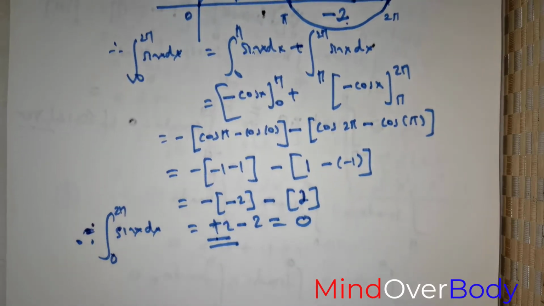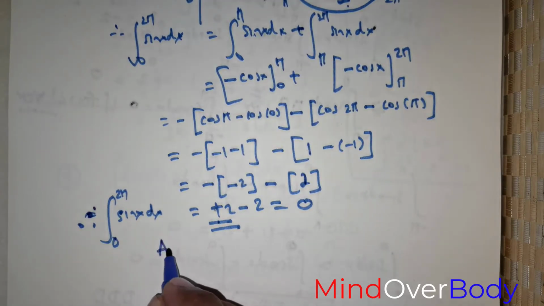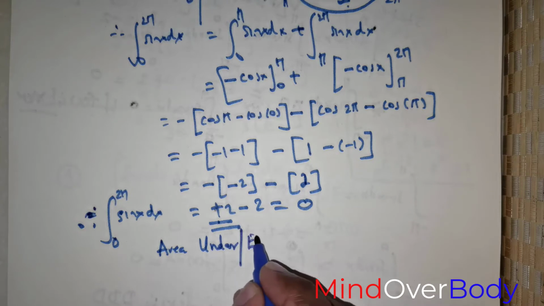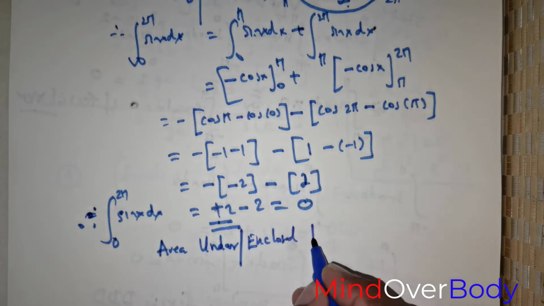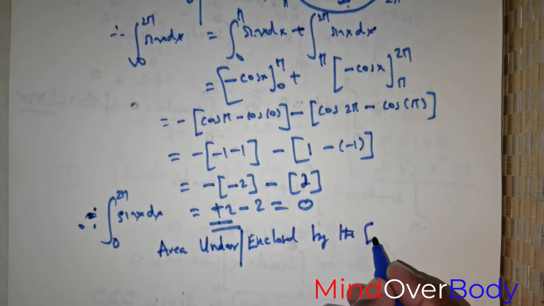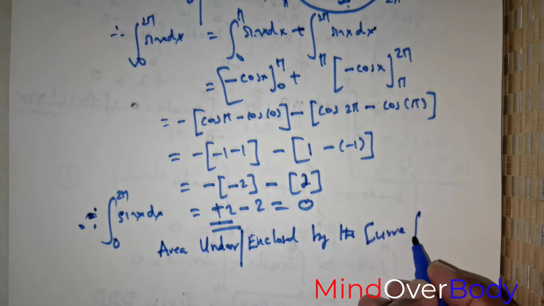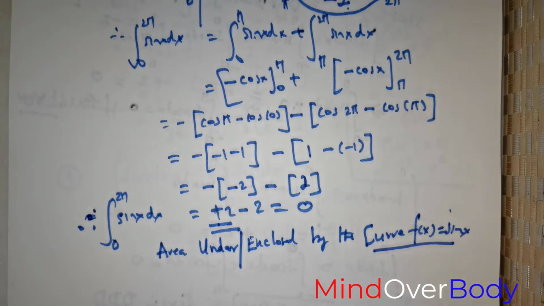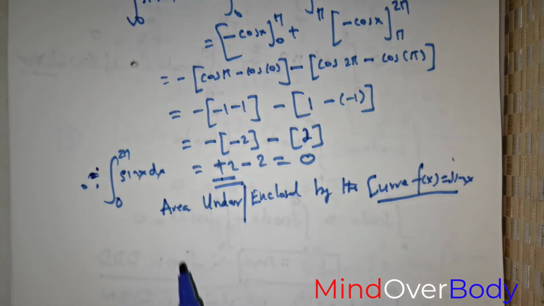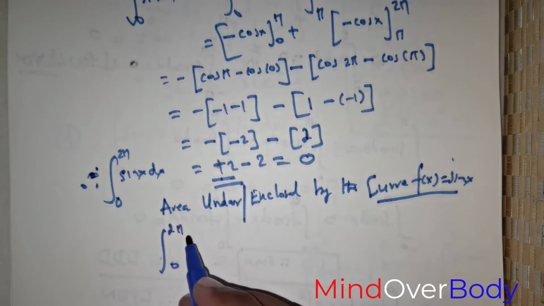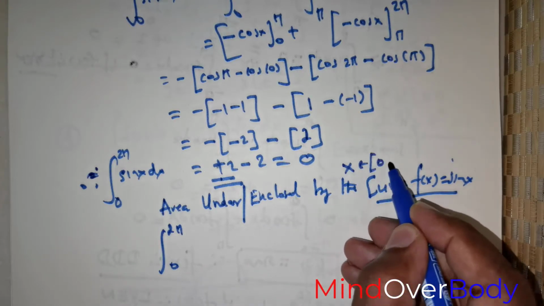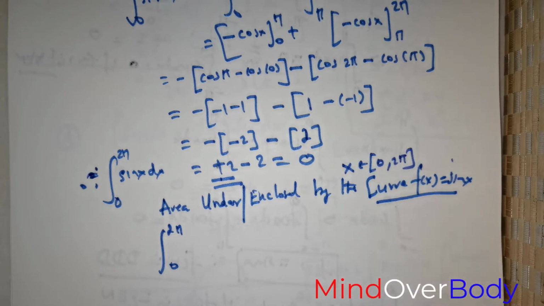Now on the contrary, if they are asking us to find the area, they can use the term either under or enclosed, right, by the curve f of x is equal to sin x. If this were to be the question, then the integral from 0 to 2 pi, of course the region for x being between 0 to 2 pi, right?